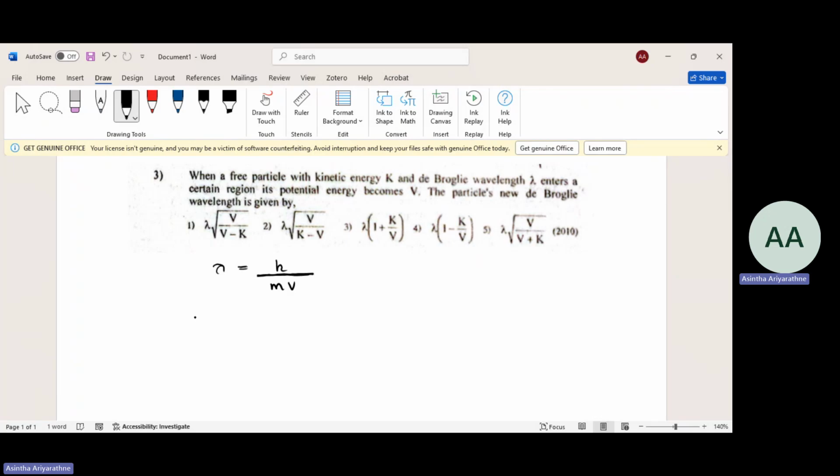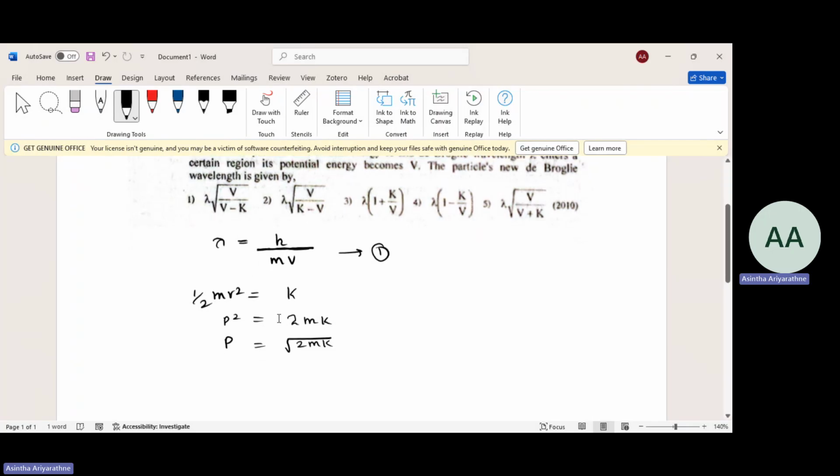Right, so half mv squared is the kinetic energy. 2 times m times K is p squared. So p is equal to the square root of 2mK. So I can rewrite this de Broglie equation in terms of kinetic energy.